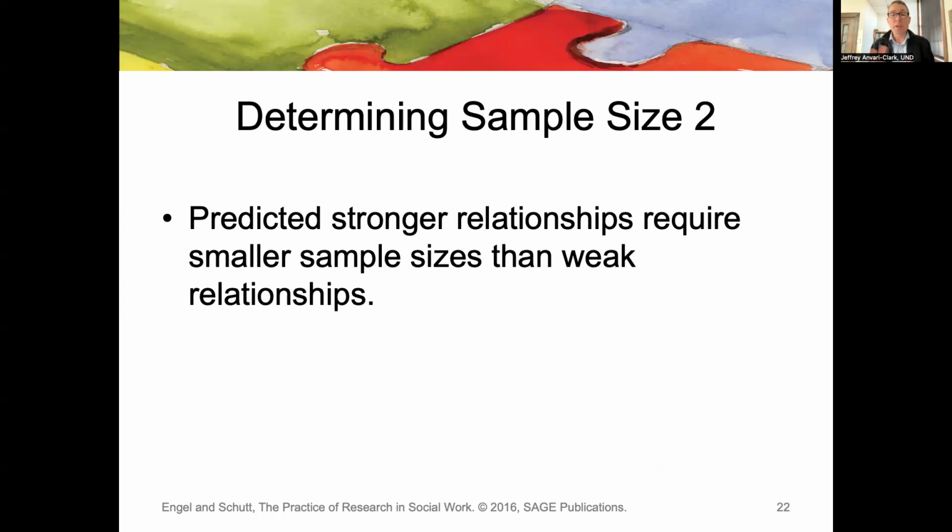Especially when we have other outside influences such as education, personality, work environment, type of work they're doing. There's a lot of other things that are going to go on there. And so, as a result, we may need a larger sample size to be able to accurately measure or test the relationship between childhood experience of abuse and job satisfaction.